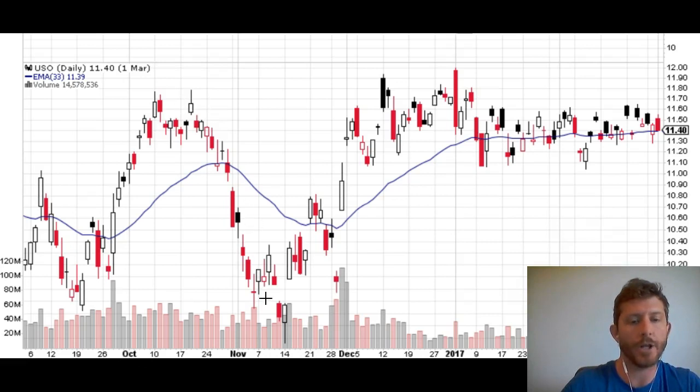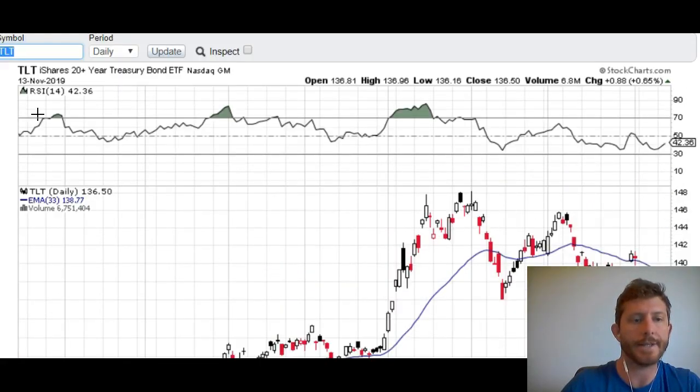And as you can see, headed lower, and then it started to bottom and break out here in November. Let's take a look at what it did in 2019. Very similar action.